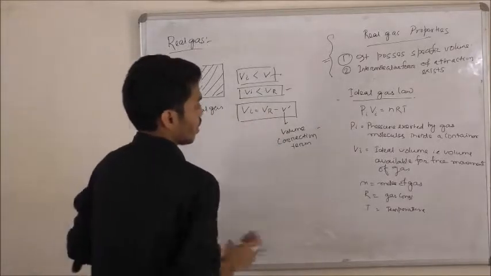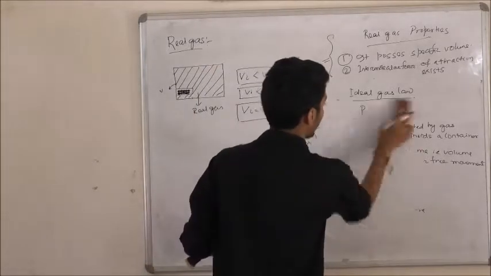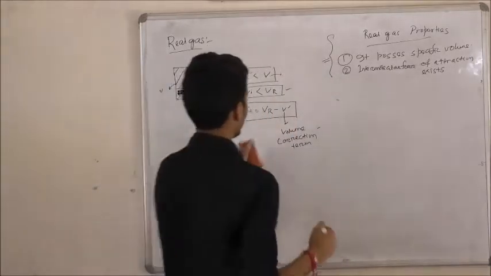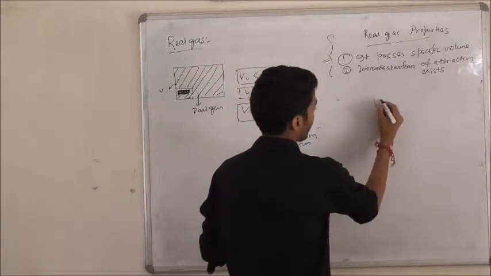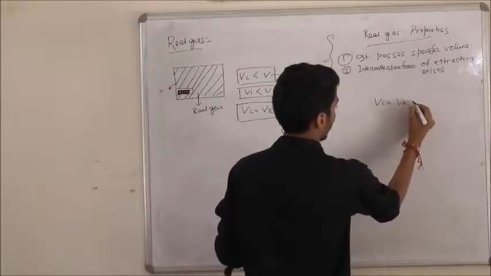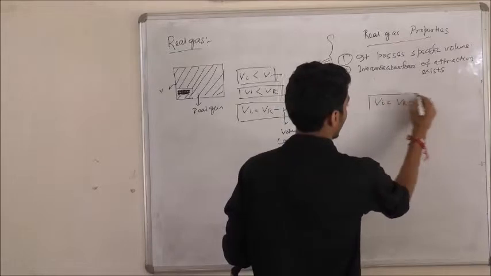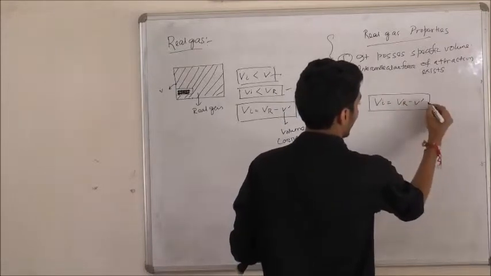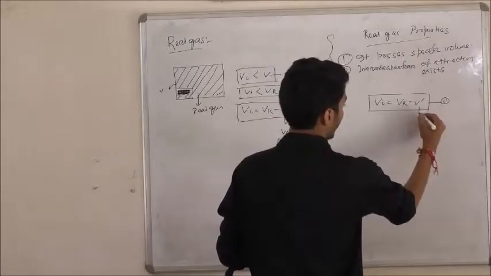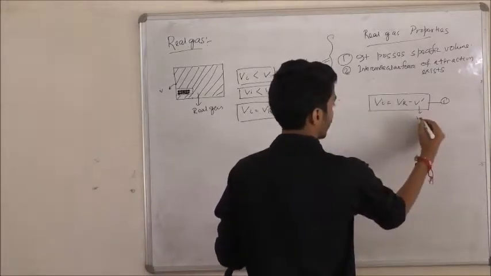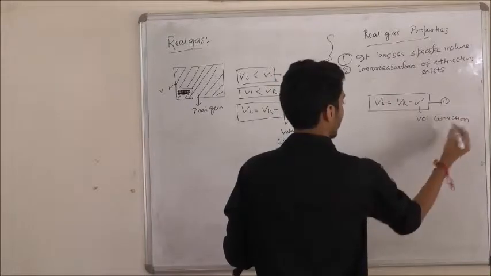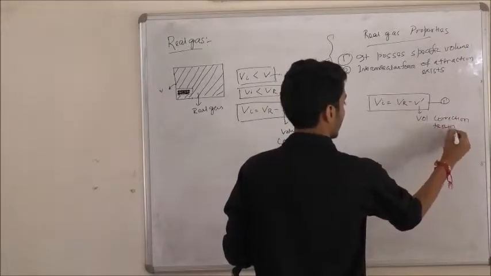Okay. So this was the ideal gas. Now first write this thing over here. Vi equals VR minus V dash. If we name this equation 1, where V dash is the volume correction term.